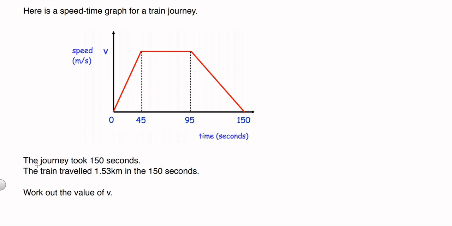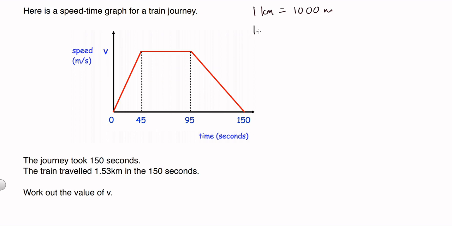If you look at the next paragraph, the journey took 150 seconds. We can see that from the graph. The train travelled for 1.53 kilometers. I'm going to change that to meters because the y-axis is giving you meters per second. We know 1 kilometer is the same as 1,000 meters.